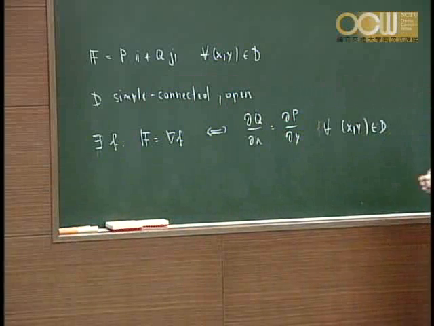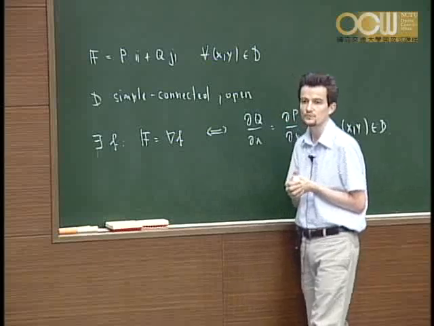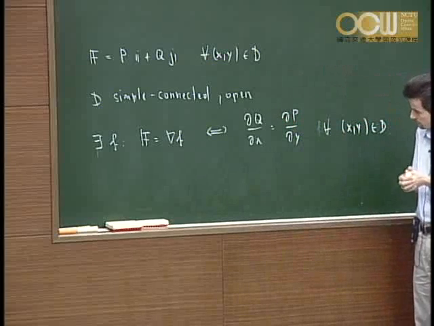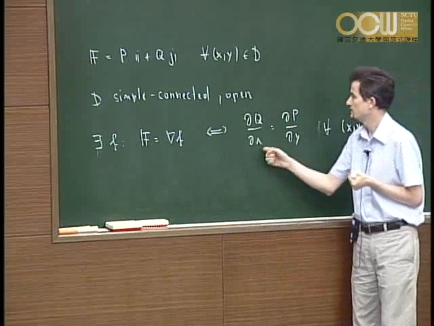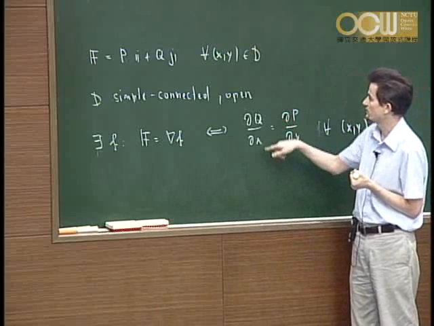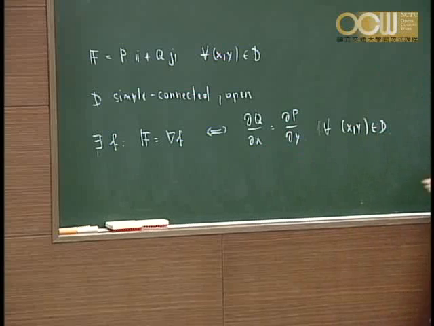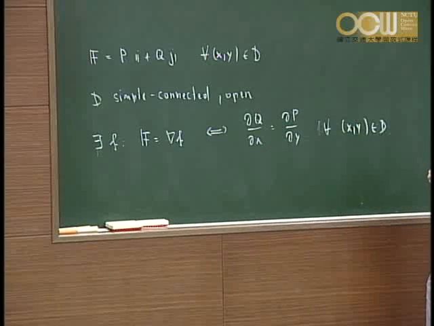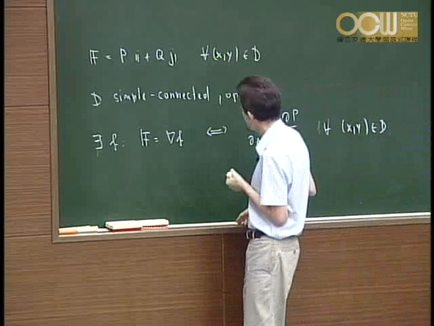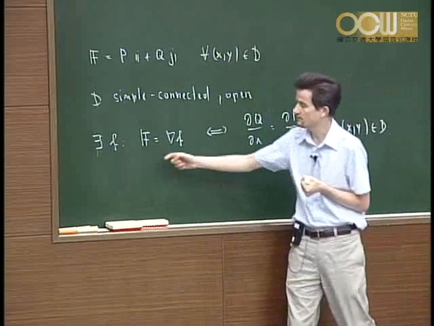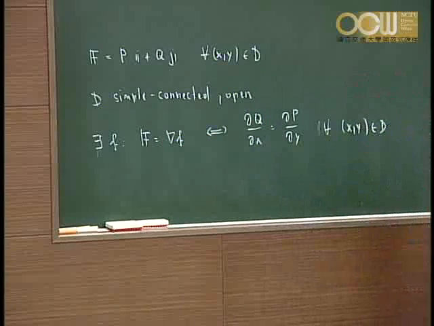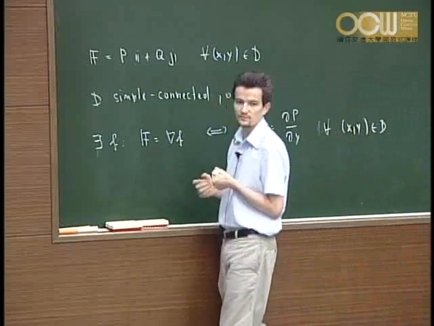And for the other direction, we use Green's theorem, because if you look at Green's theorem, you see that on the right-hand side you have the difference of those 2 here, and once you have this condition, this means that the line integral along any closed path of F is equal to 0, and this is more or less equivalent to the vector field being conservative.